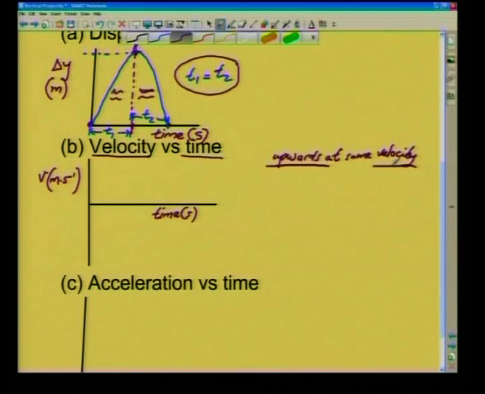Now this means that we can't say that this 0 point here is where the velocity was when the object was thrown. Definitely the object was thrown at some velocity, so we will assume that velocity is somewhere up there. Let's take the upward motion to be positive.